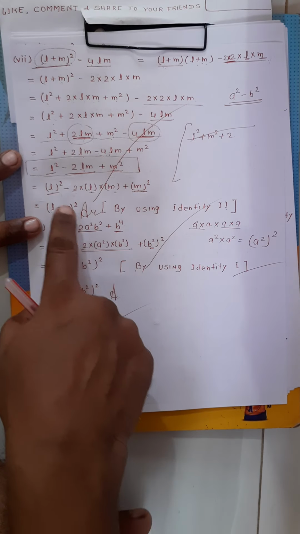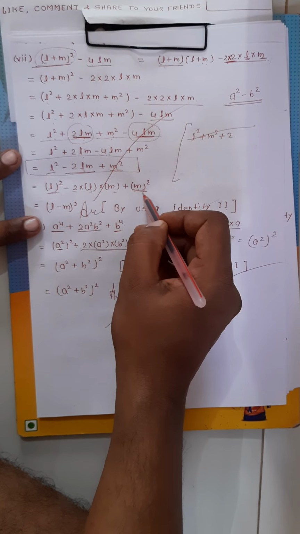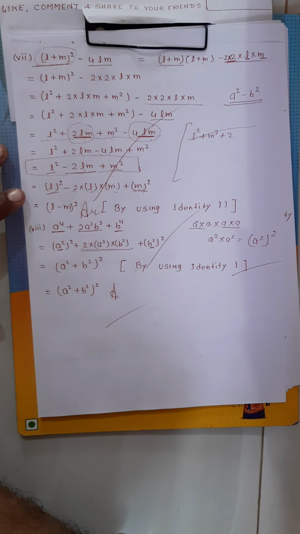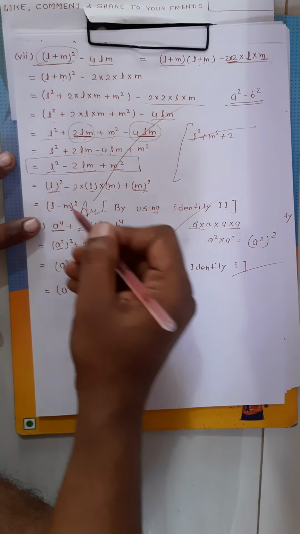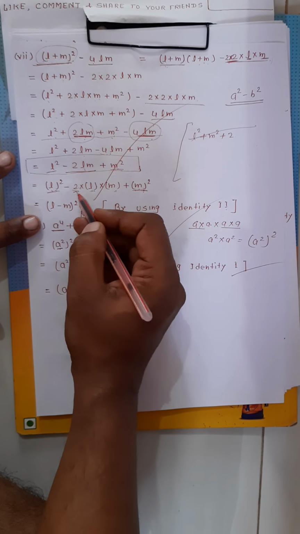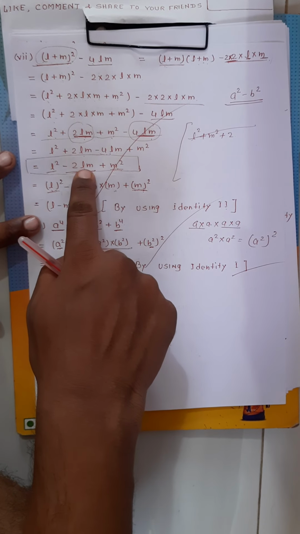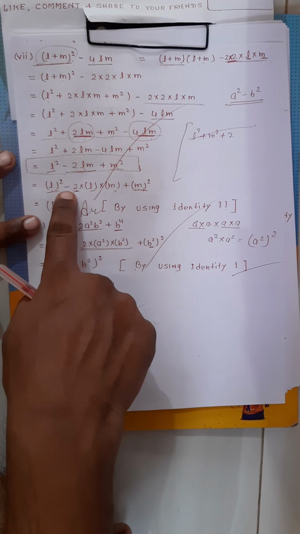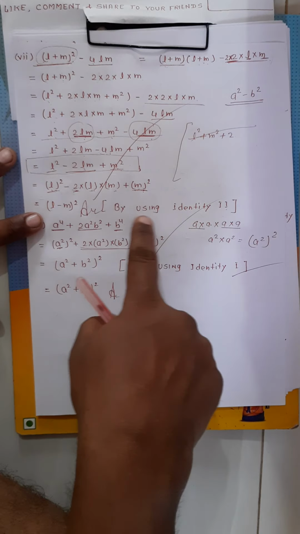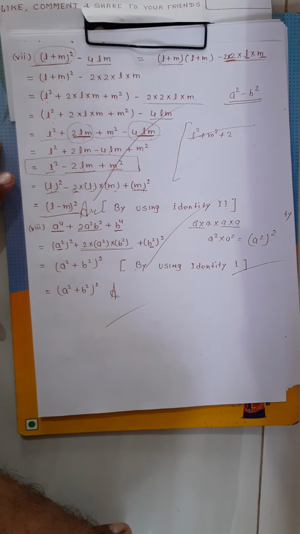For the first and second, you see that it is the whole square of l and the whole square of m, and we can make the middle term as 2 into a into b. What will be our value for 2ab? 2lm, and here also there is 2lm, and this is the minus sign, so identity number second will apply here. So our value becomes the whole square of (l minus m).